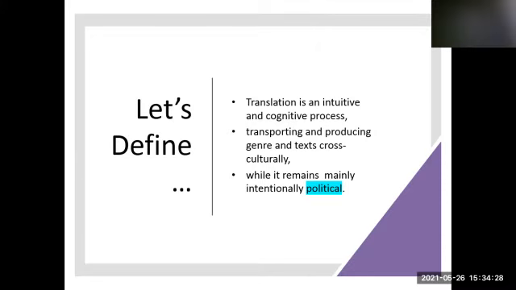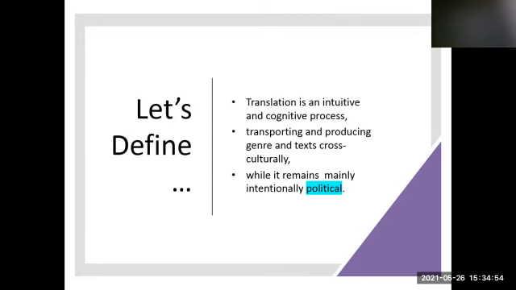If you decide to translate this book, but not that book, then there must be an aim behind that. Maybe you want the readers of your culture to be introduced to a new field. Maybe you want them to read about a new theory.